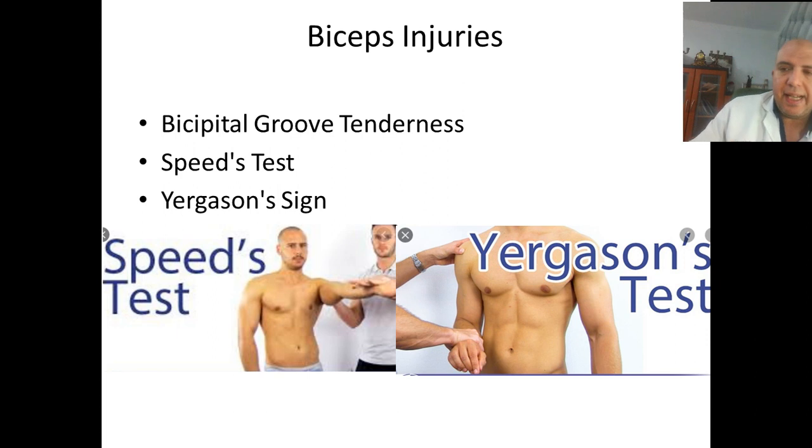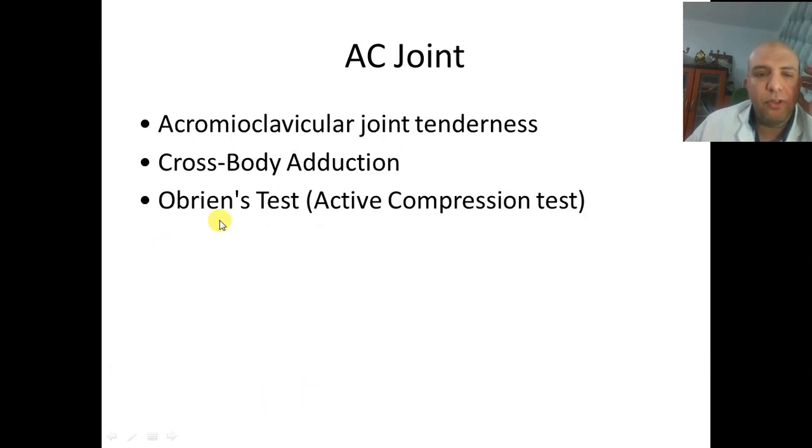He is resisting inward and you are resisting outward like this, feeling the pain and movement. AC, we are taking the O'Brien test. There is also another similar test which is cross-body abduction to the other side. To the other side, you are pressing firmly on the AC joint.